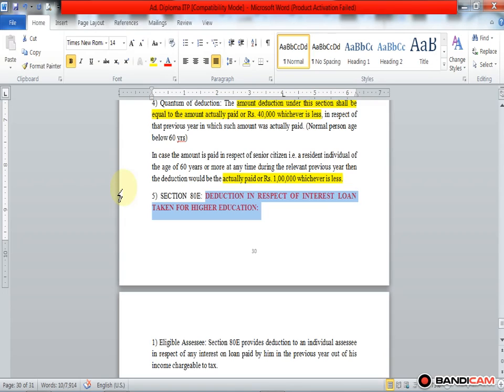So 80E is related to interest on education loan only. Maximum period is 8 years.